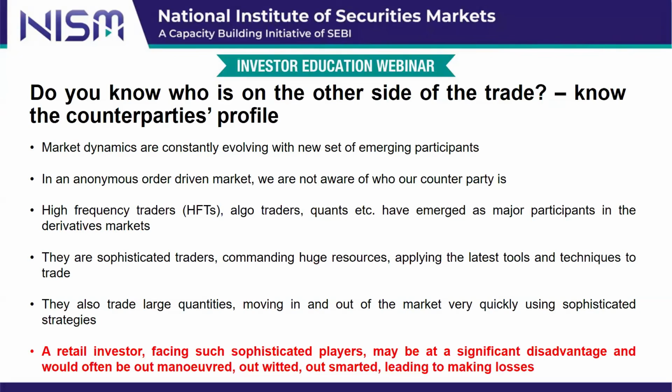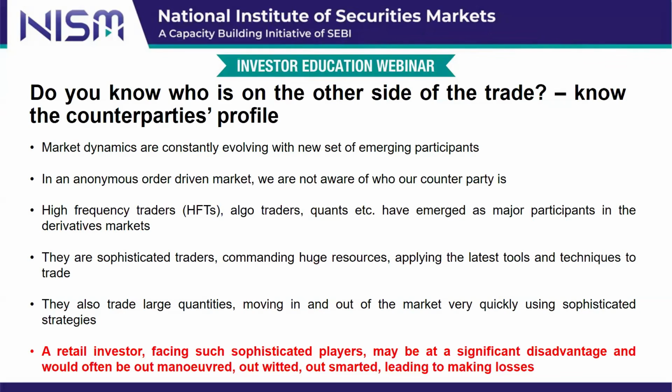The next aspect is also a very, very important aspect today. We have heard certain news. I would not like to name any party over here, but we have been hearing news about certain very big, large players in the markets using very sophisticated tools and trading in the cash market and the options derivatives markets.